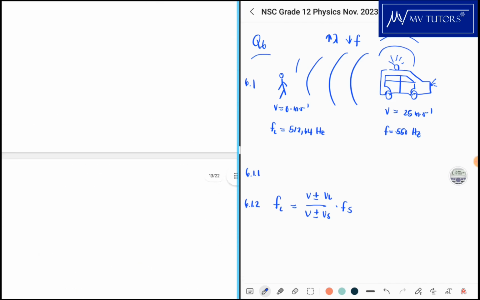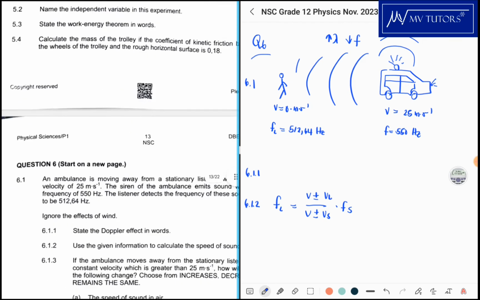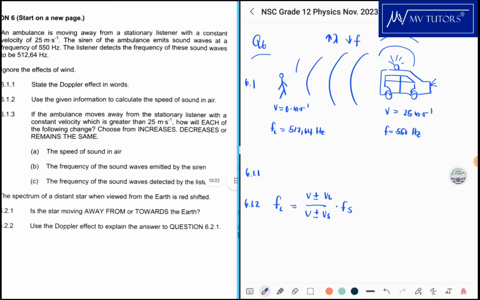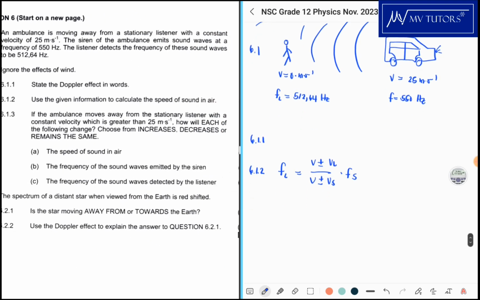When you calculate this, you must ask yourself where the positive and the negative go in the numerator and denominator. For the frequency of the listener, let's put in what we know: 512,64. And this velocity is what we're trying to find, the speed of sound in air. Because the listener is stationary, we're just going to put V on top.